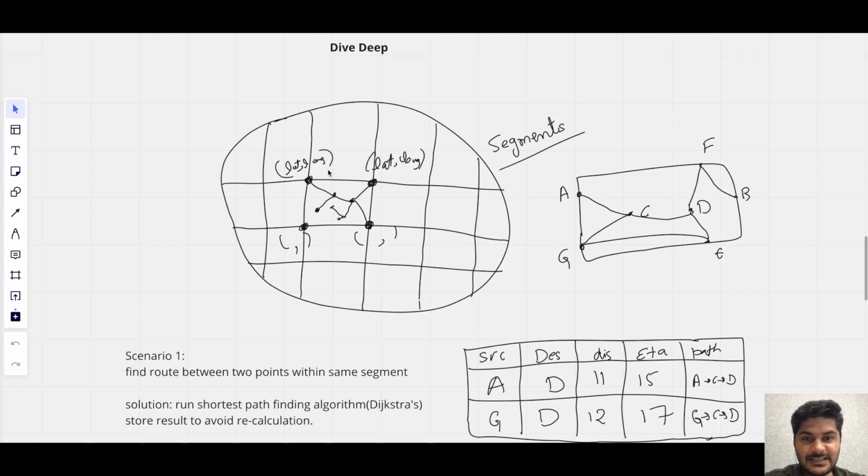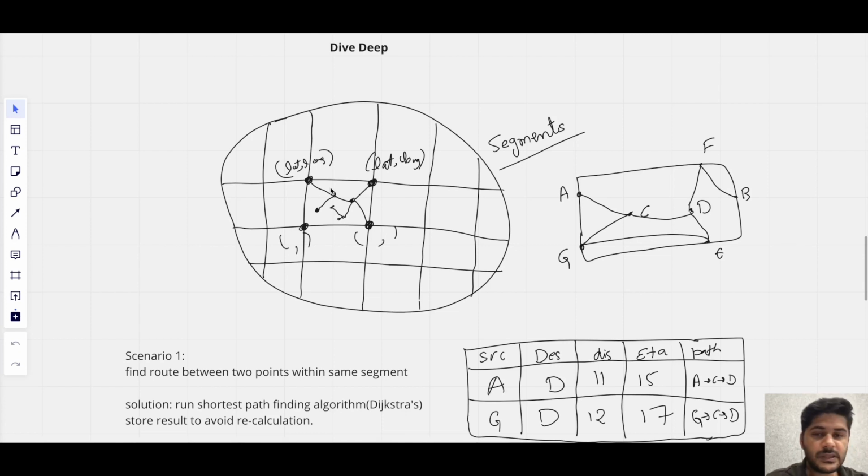Maybe in a dense area there will be thousands of segments even for one city, and in an area which is not very dense, there might be only 2 segments for a similar area in terms of kilometers, in terms of distance, right? So we can divide unequal physical lengths into different numbers of segments.